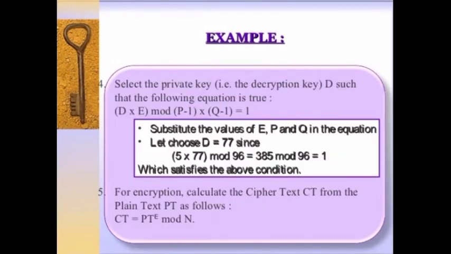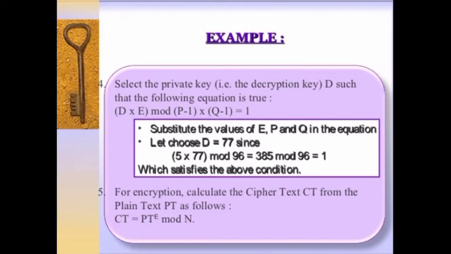The next step is to select the private key, which is the decryption key D, such that the following equation is true: D times E mod the quantity p minus 1 times the quantity q minus 1 is equal to 1. So substitute the values of E, p, and q in the equation. Let's choose D equal to 77, since 5 times 77 mod 96 is equal to 385 mod 96, which equals 1, which satisfies the above condition.